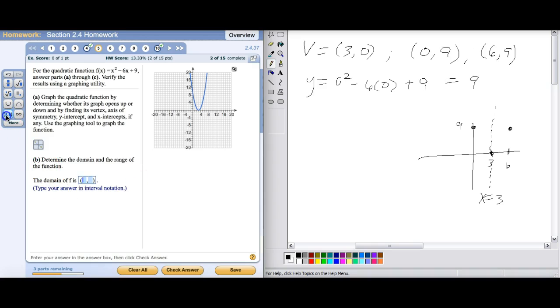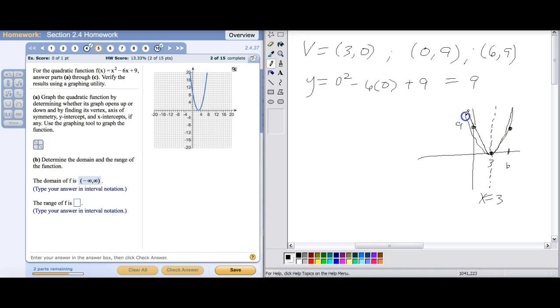Once again, our domain for any quadratic function is all real numbers. So we'll go ahead and answer that. And our range, since the vertex represents a minimum point on the graph, our parabola looks like this, and our vertex is down here.